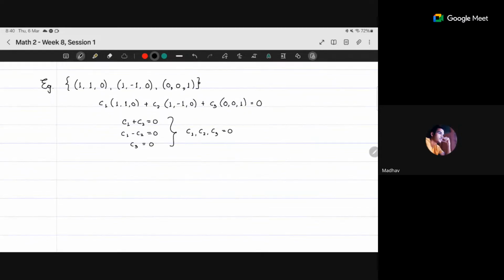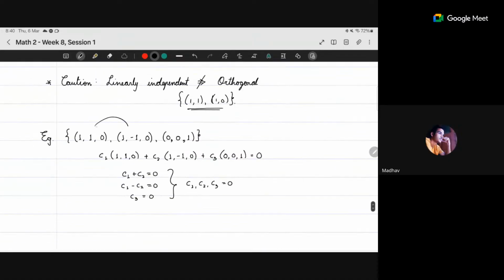But now that I know that orthogonal sets are linearly independent, I'll just look at the dot product between this and this. What is the dot product between the first vector and the second vector? It is just 1 minus 1 plus 0, it is 0. What is the inner product between the second vector and third vector? Clearly 0.